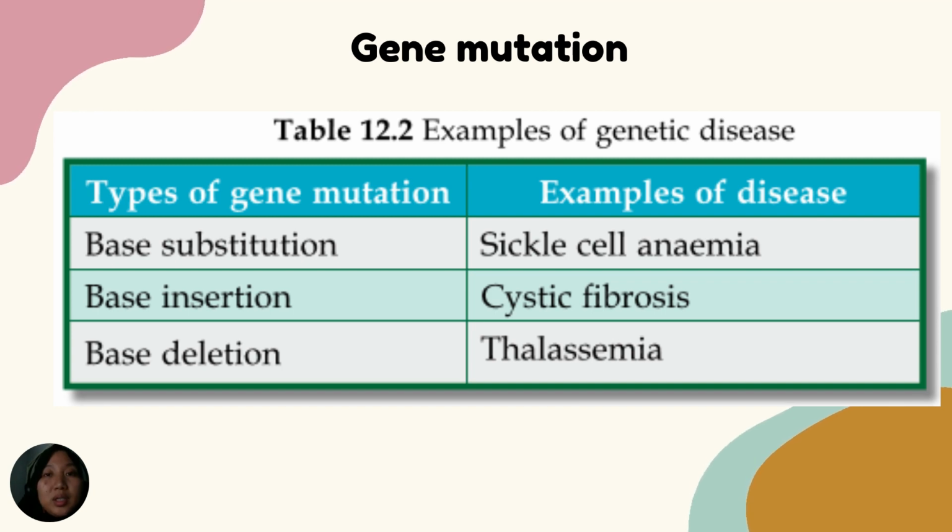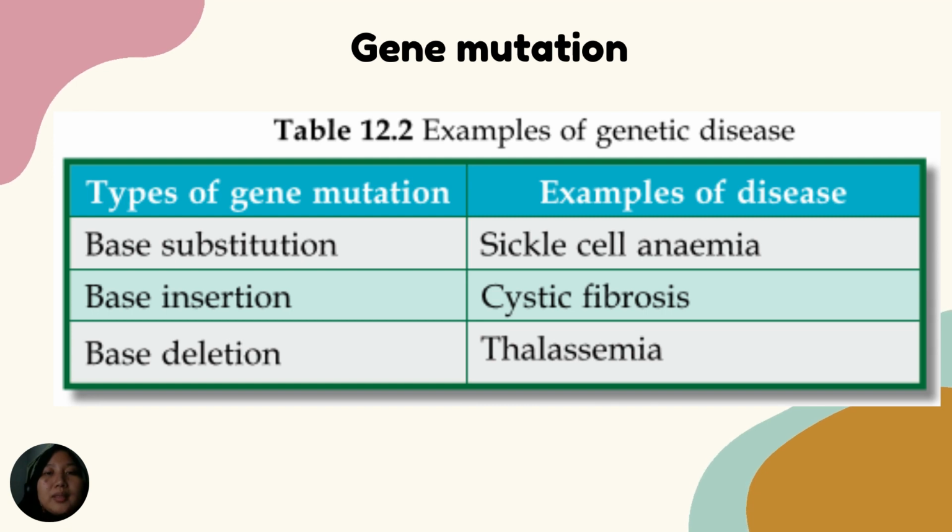So it will reduce the effectiveness of this function of the red blood cells. That is why people with sickle cell tend to have anemia, right? Anemia means they have a low number of red blood cells.